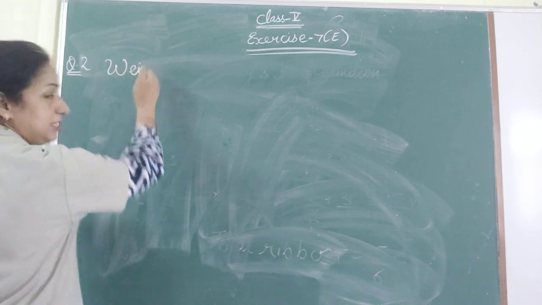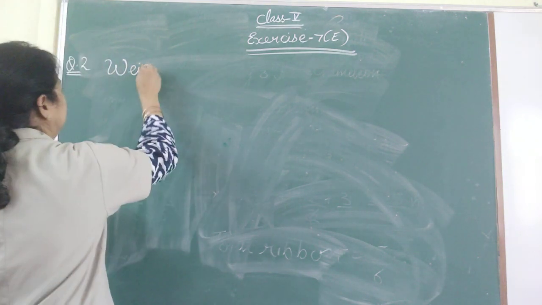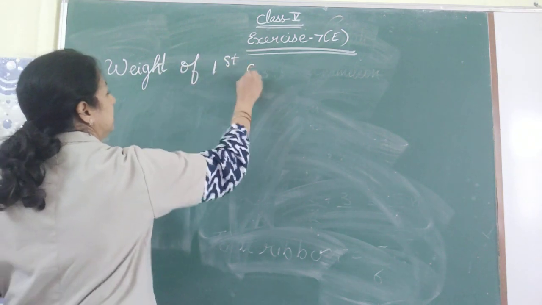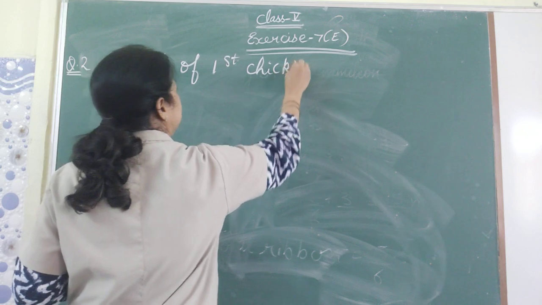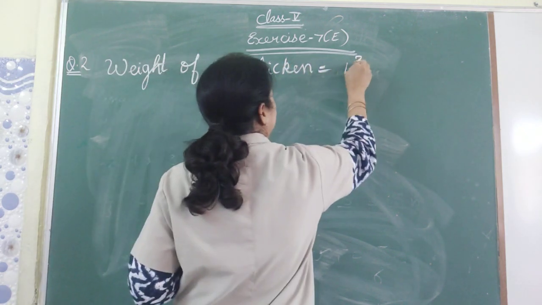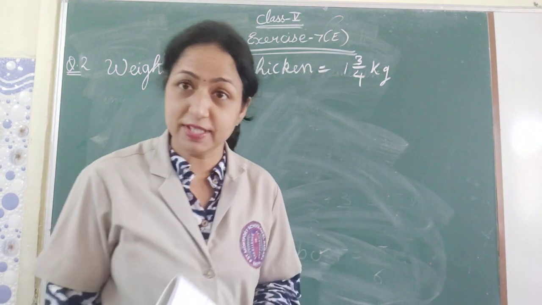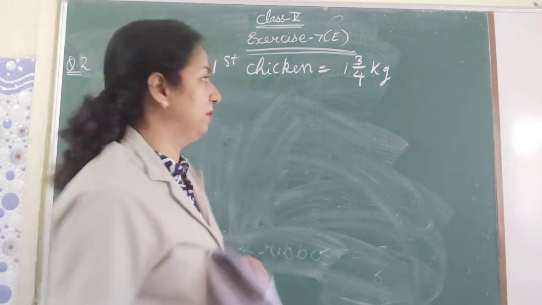So we will write the first step as weight of first chicken, and that is 1 and 3/4 kilogram. Since this is a mixed fraction, we will first convert it into an improper fraction.